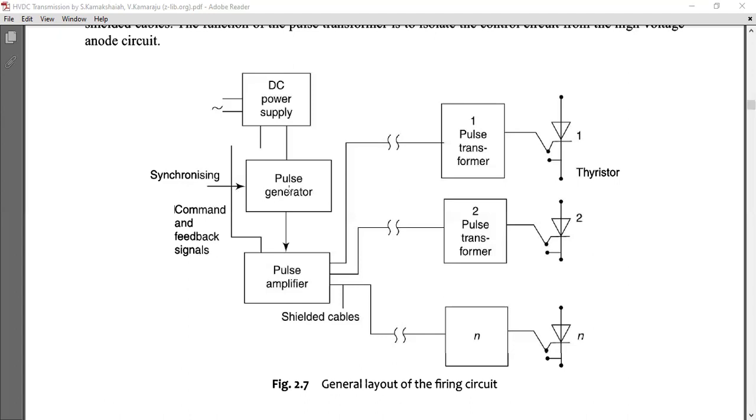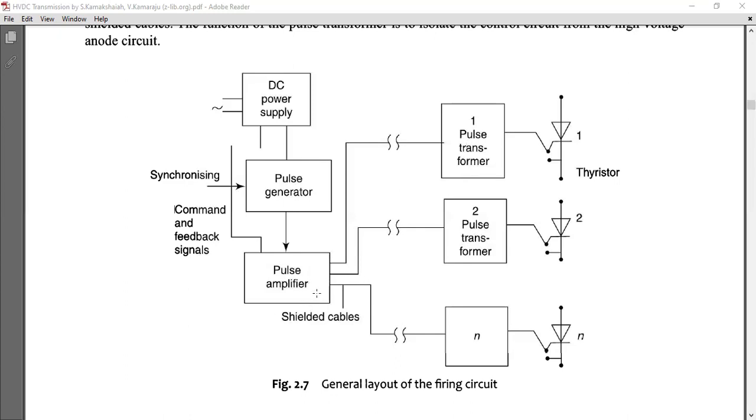The pulses which are generated are passed through the power pulse amplifier module. From the pulse generator, pulses are generated and transferred to the pulse transformer through a pulse amplifier.